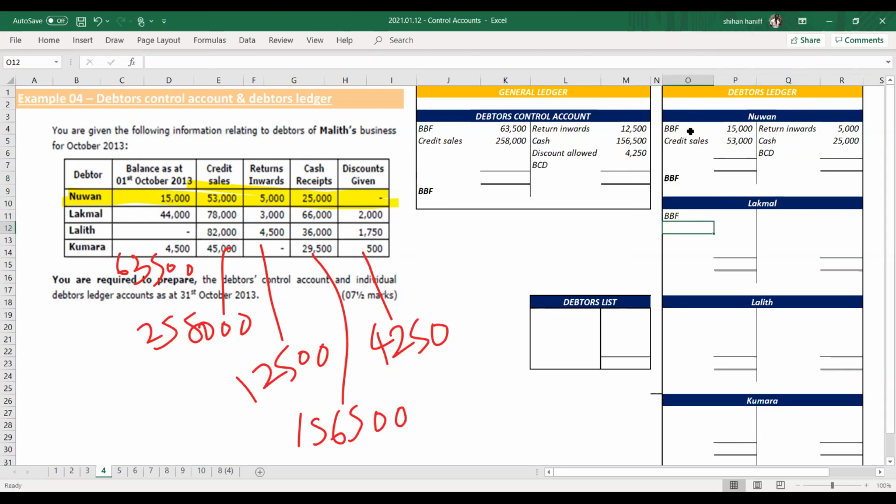Rakmal, control account, you take the total.